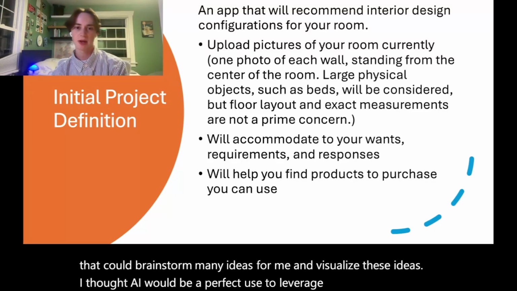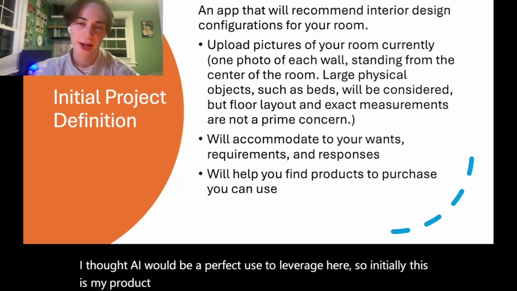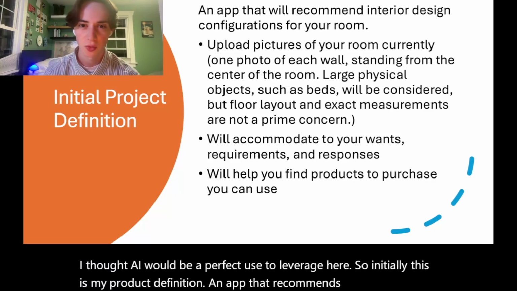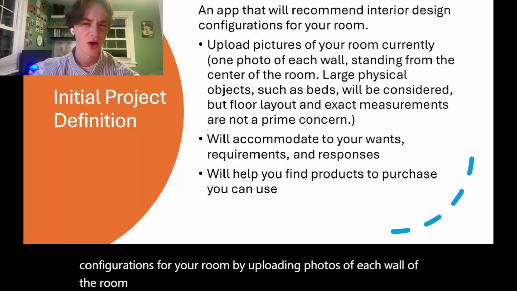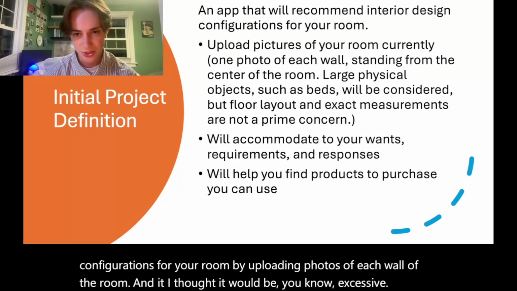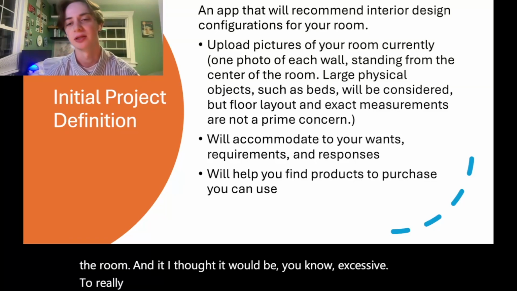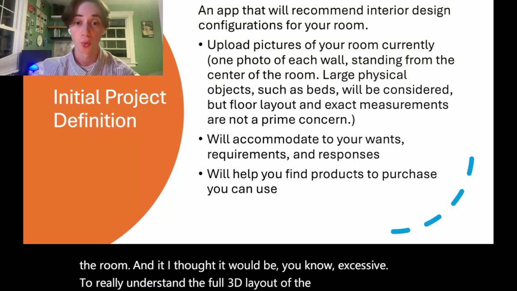So initially, this is my product definition. An app that recommends interior design configurations for your room by uploading photos of each wall of the room. I thought it would be excessive to really understand the full 3D layout of the room and the room dimensions.